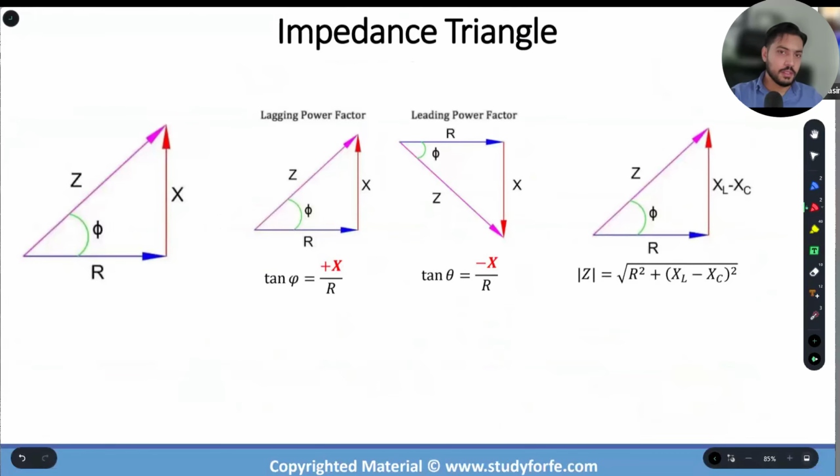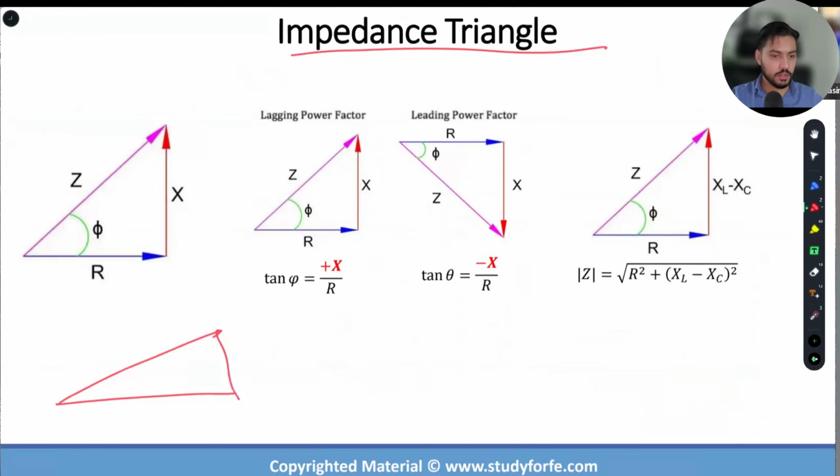So the impedance triangle is basically somewhat parallel to our power triangle. Now, this is a separate discussion altogether, the power factor correction and leading power factor, lagging power factor. But while we're talking about impedance, it is important to visually analyze it briefly at least.